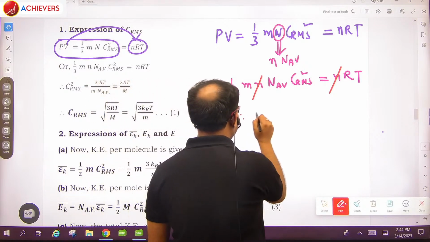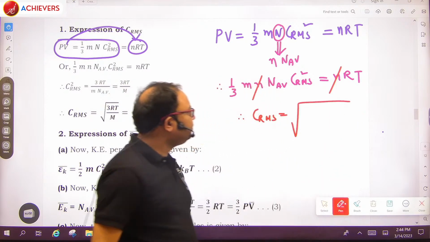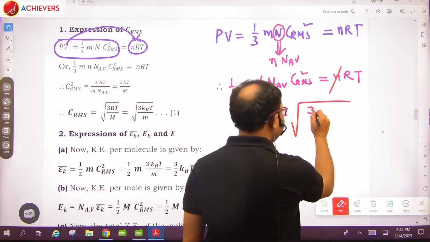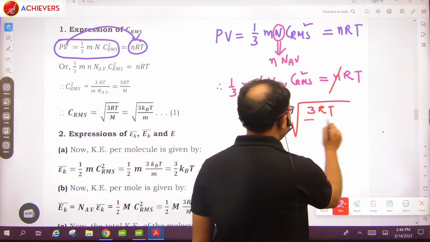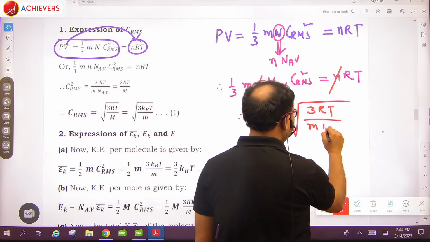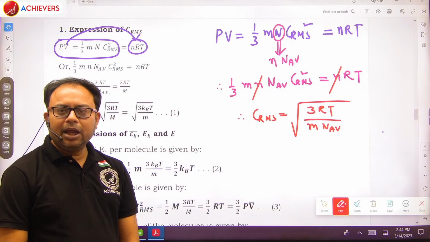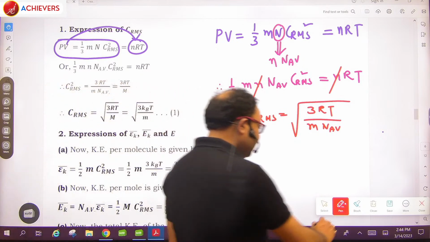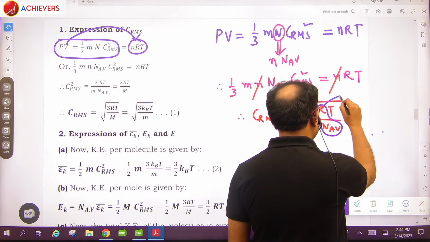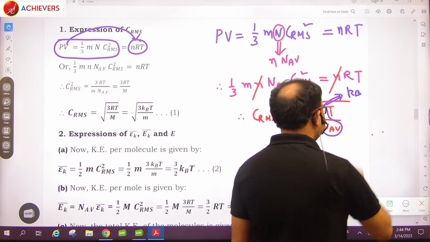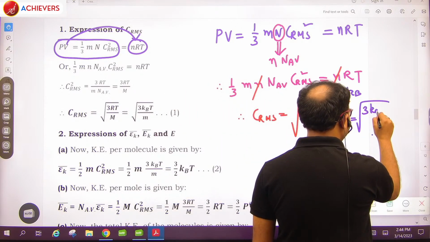Then the expression of CRMS will become square root of 3RT divided by M into Avogadro number. You can write it in two different ways. Either you replace this R by Avogadro number times Boltzmann constant kB, and you write it in this way, root over of 3 kBT by m.